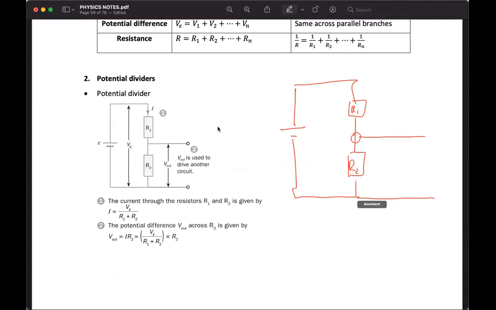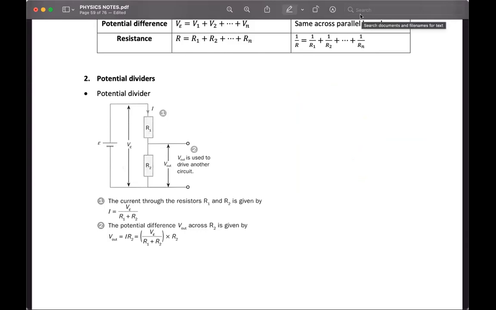Okay, Yiting, you're asking me, this is the EMF. Okay, so you're asking me for a potentiometer, if I use V out to power another circuit, then how does the charge go through the R2 itself? Okay, I think I know what Yiting is asking. Can I revise what we learned in primary school? Okay, can we revise what we learned in primary school?